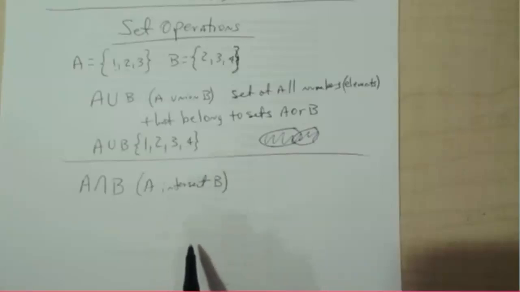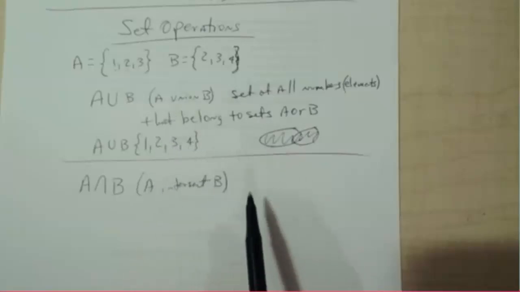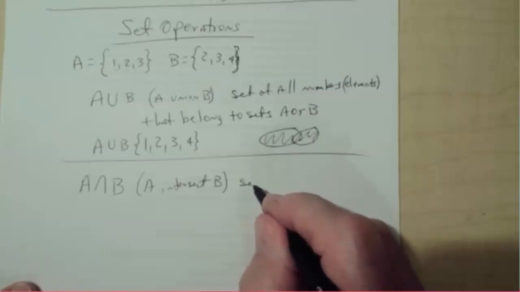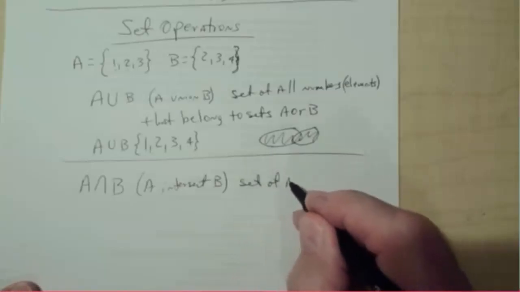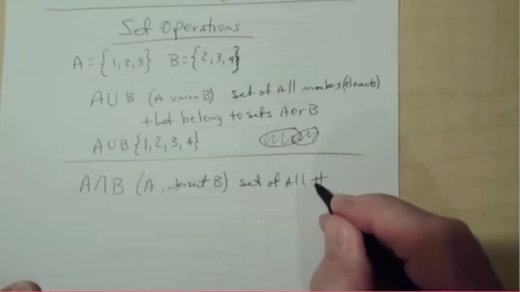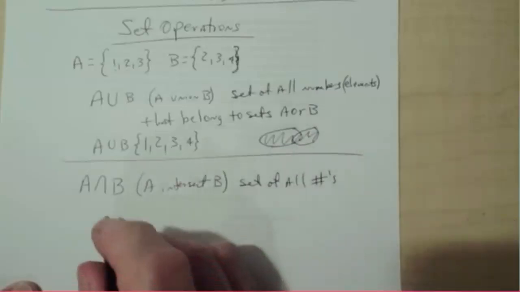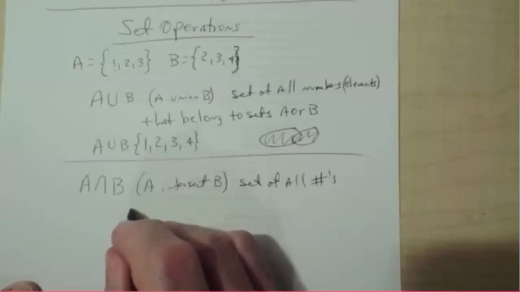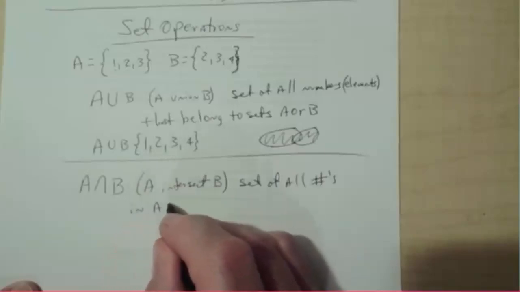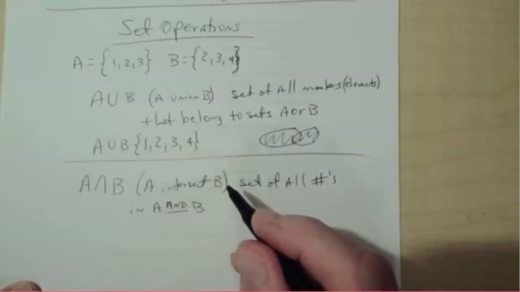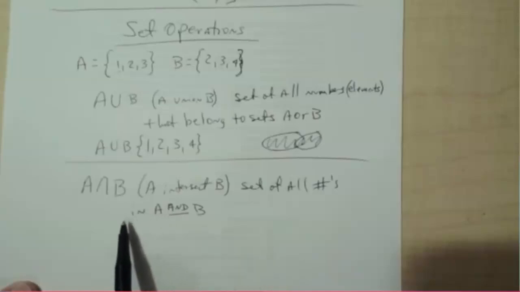So in other words, what we're saying is the set of all numbers that are in A and B. So which numbers are in A and B?